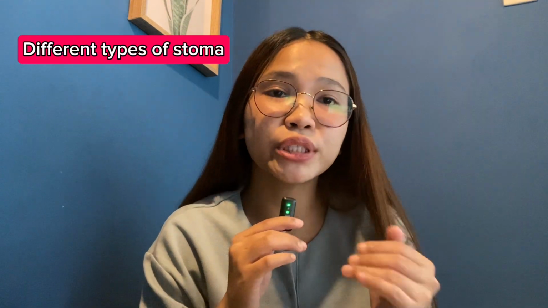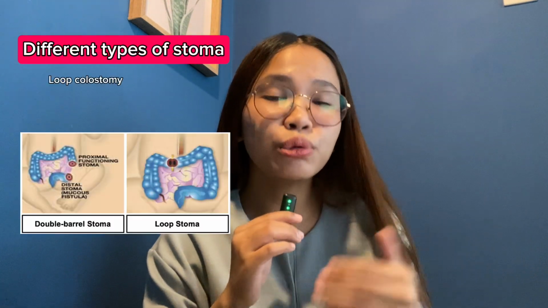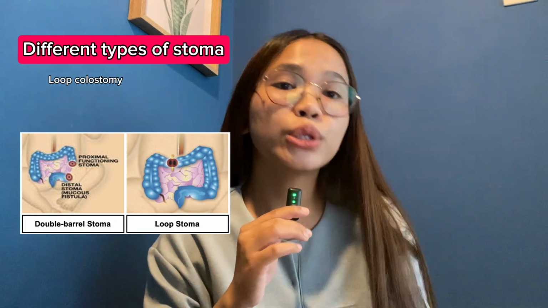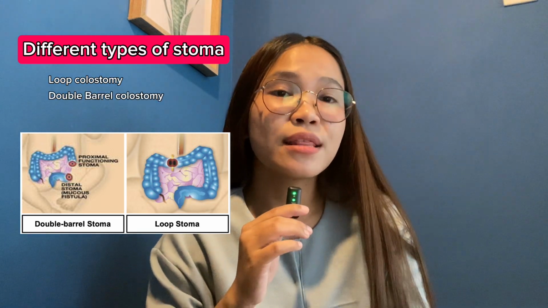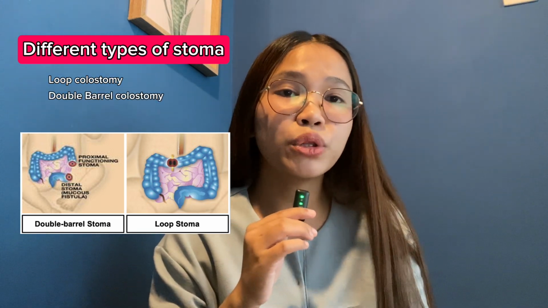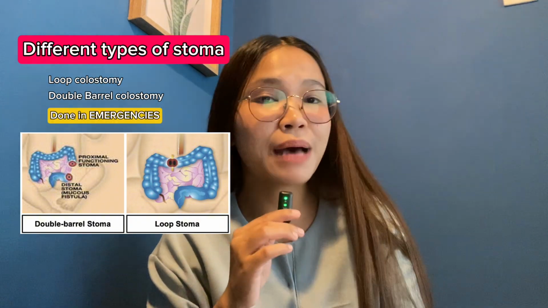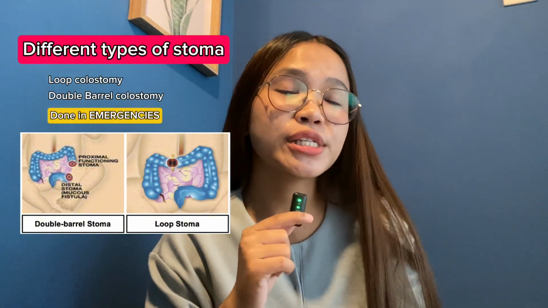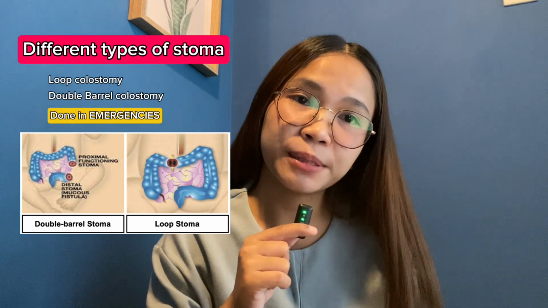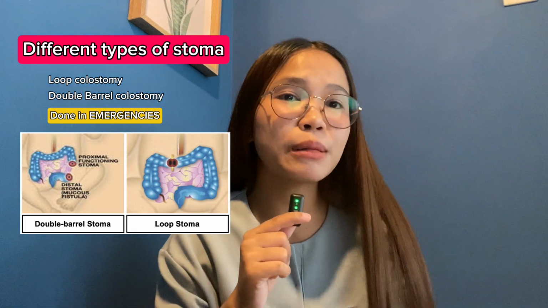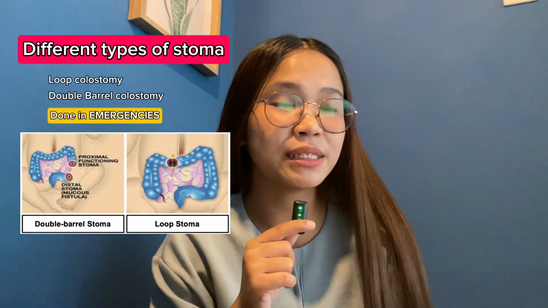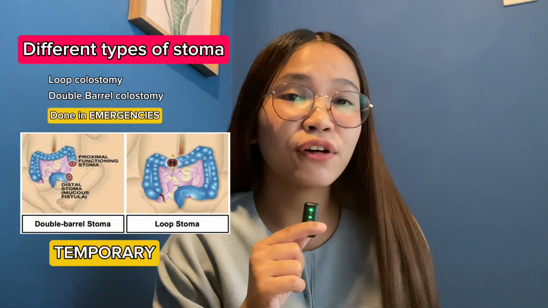Now guys, it's important to note that your loop colostomy and your double barrel colostomy, these are the types of colostomies that we do most of the time during emergency situations, such as bowel obstruction or when there's a part of the bowel that needs to heal. That's why most of the time, your double barrel colostomy and loop colostomies are the temporary kinds of colostomies.